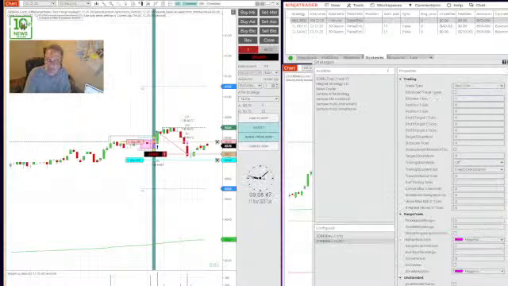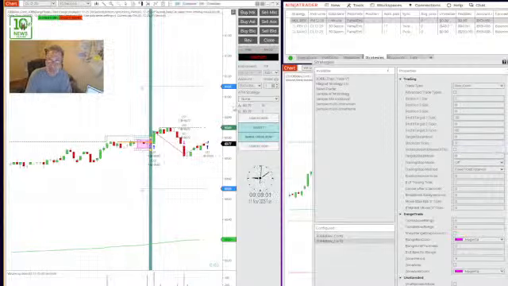I'll just put a one position, profit target 20 ticks, stop 25 ticks. All right, so not a great scalp on the other side. 20 tick target on the reverse continue, 25 stop.